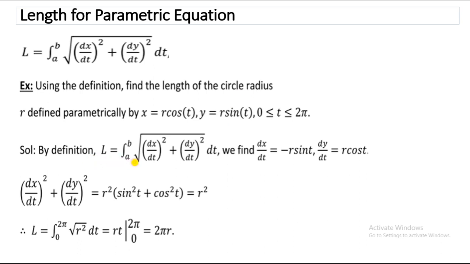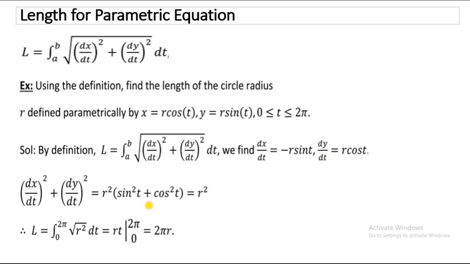L equals the integral from a to b of the square root of (dx over dt) squared plus (dy over dt) squared, dt. I want to find dx over dt. x equals r cosine t, so dx over dt equals minus r sine t. y equals r sine t, so dy over dt equals r cosine t.